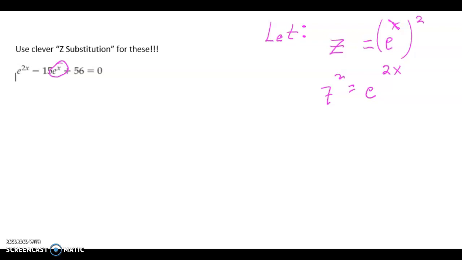All right, so Z squared is equal to e to the 2x. So right here where I have e to the 2x, that would equal Z squared, minus 15 e to the x. Well, we said e to the x was going to equal Z. Plus 56 equals 0.